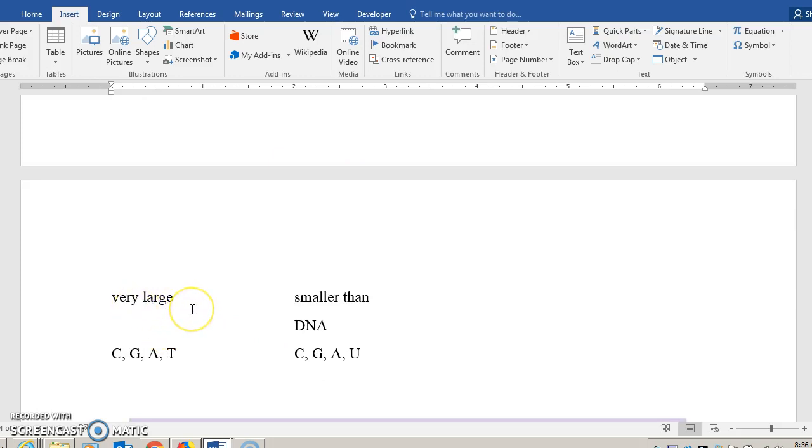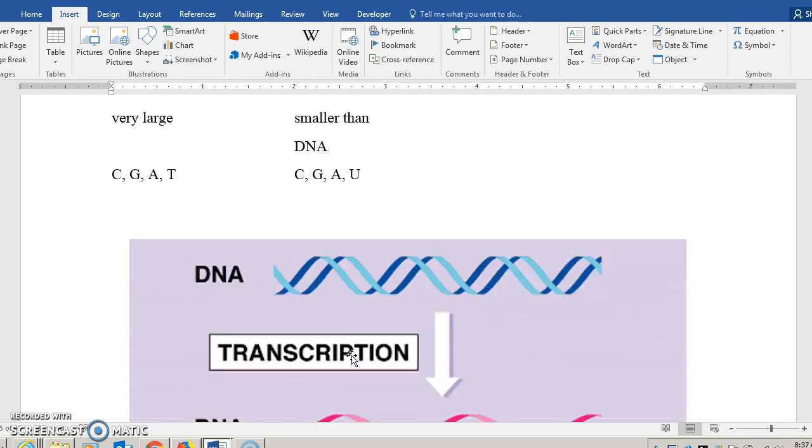DNA is a very large molecule. It's the largest molecule we've considered so far. RNA is smaller than DNA, just a fraction of the size. The four nitrogen bases found in DNA are C, G, A, and T for thymine. No uracil. RNA contains cytosine, guanine, adenine, and uracil, but no thymine. So if you see a T, that's DNA. If you see a U, it's RNA.